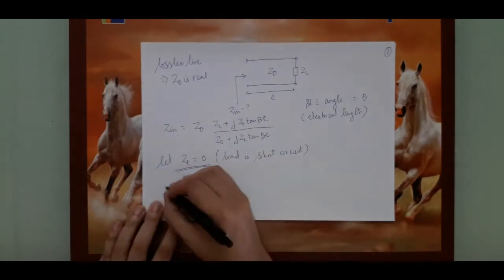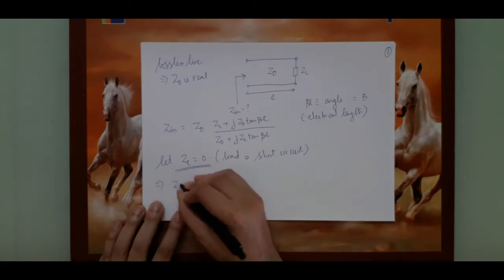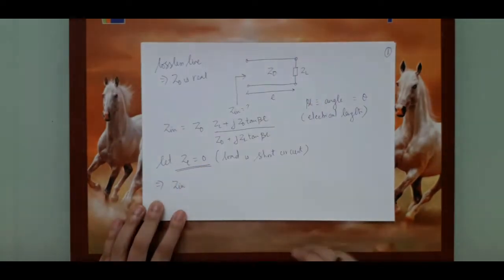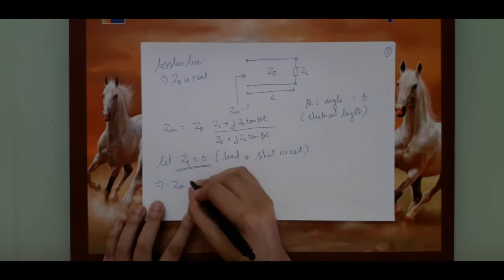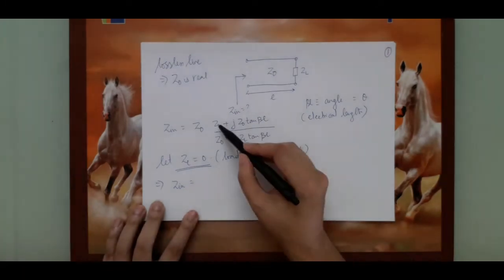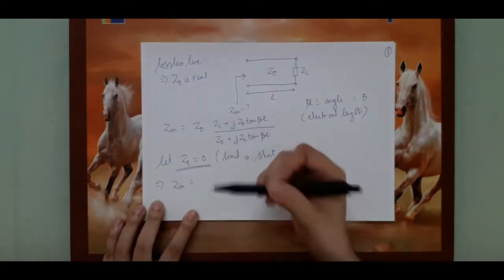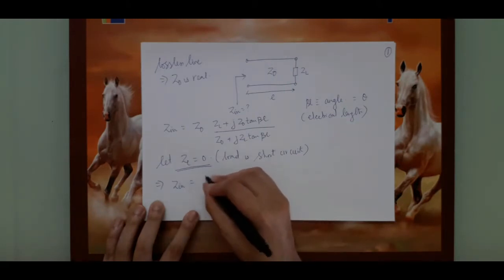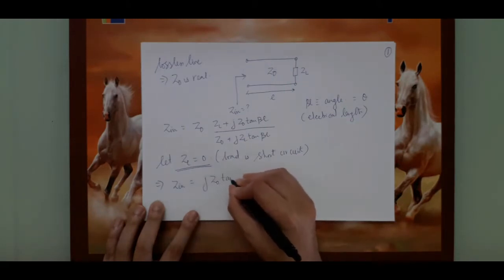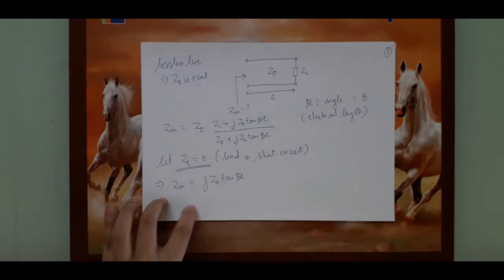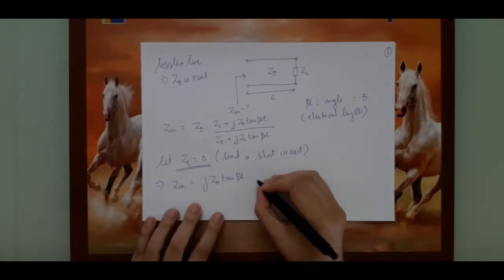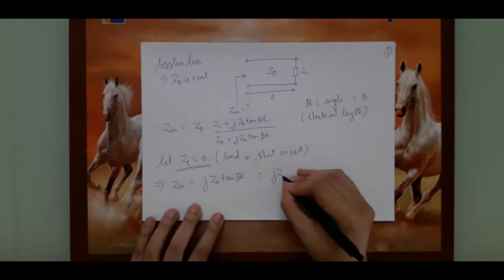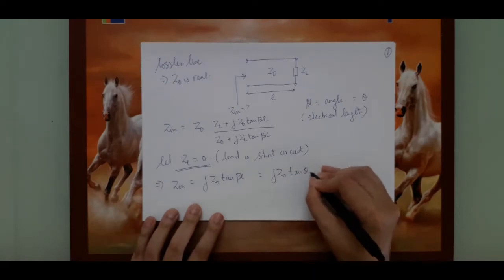In that case, Zin, or the impedance looking from the other end of the line, will be what? Now if you apply this relation, ZL and ZL will get cancelled out because it's 0, and Zin will reduce to nothing but jZ0 tan beta L, or what we can also call jZ0 tan theta.